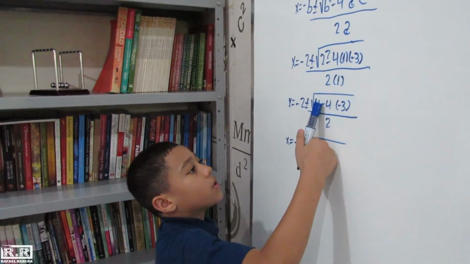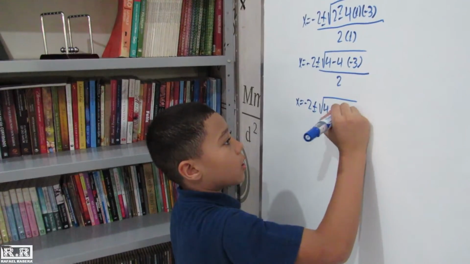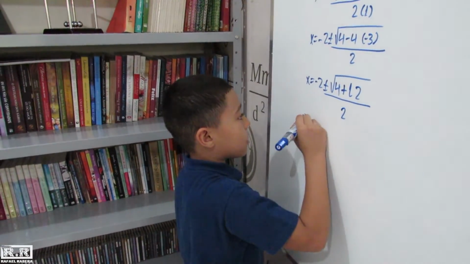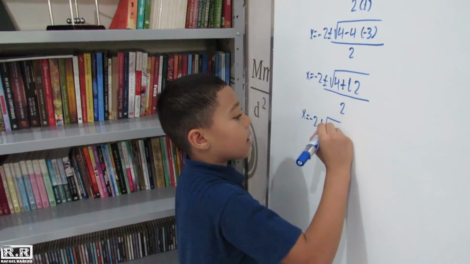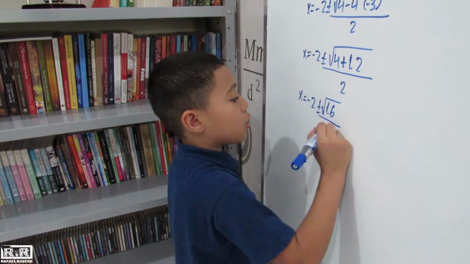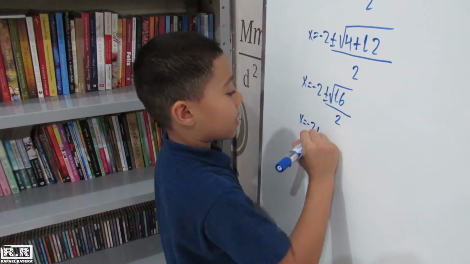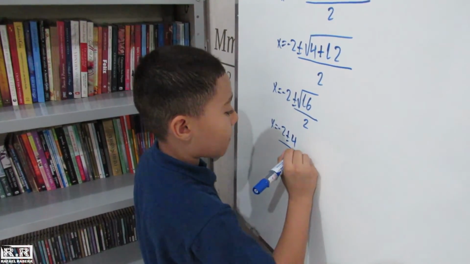When we multiply two negatives, we get a positive. Plus 4 times 3, 12, divided by 2. x equals minus 2 plus or minus the square root of 4 plus 12, 16, divided by 2. x equals minus 2 plus or minus the square root of 16, 4, divided by 2.